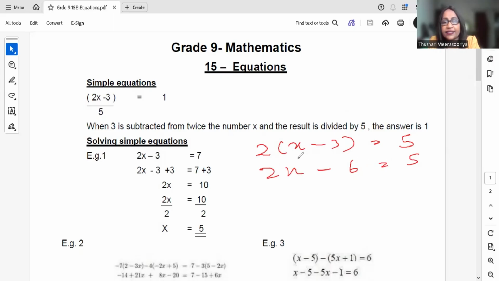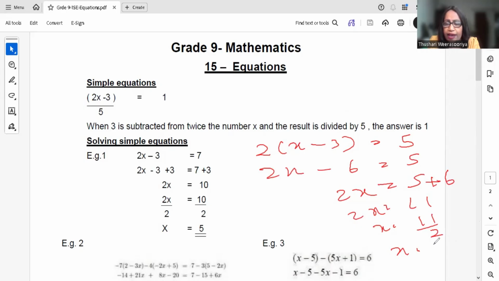Then after that you do the normal way. Take minus 6 to the other side. Subtraction will become addition. Then 2x is remaining. That is 11. Then x equals 11 divided by 2. That is not divisible properly, so it's all right. You can have fractional form answer, decimal 5.5, or you can write it as a mixed number also. All are correct.